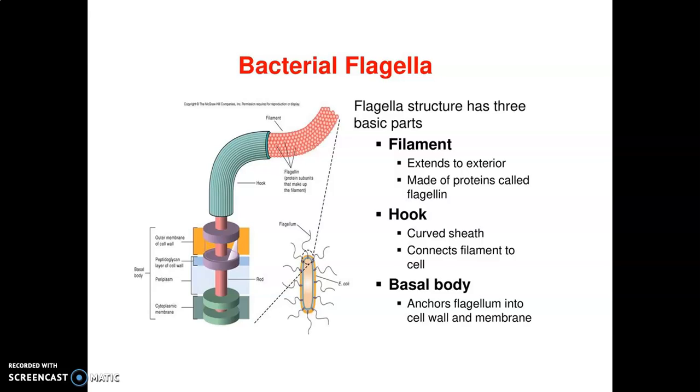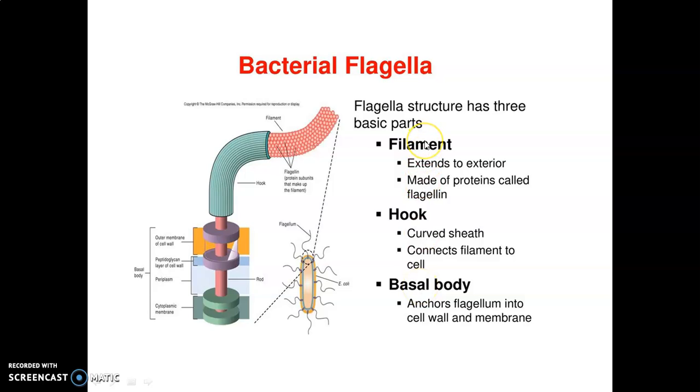Bacteria show a range in the number and arrangement of flagella. It is composed of three parts: filament, hook, and basal body. See, these are flagella, and this is an expanded view of a flagellum. So which are the three parts? Filament, hook, and basal body.